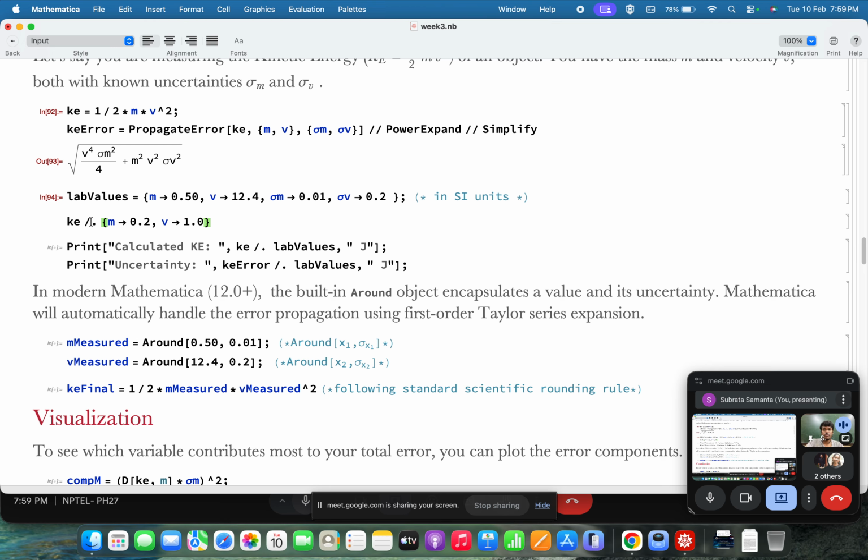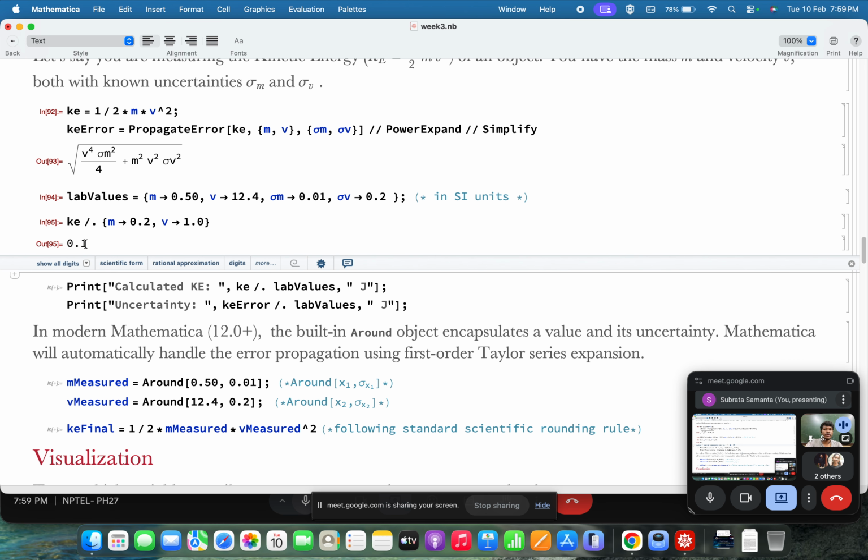So we just put the slash dot. They compute the values of this function when m is 0.2 and v is 0.1. You see this is 0.1, you can cross check.